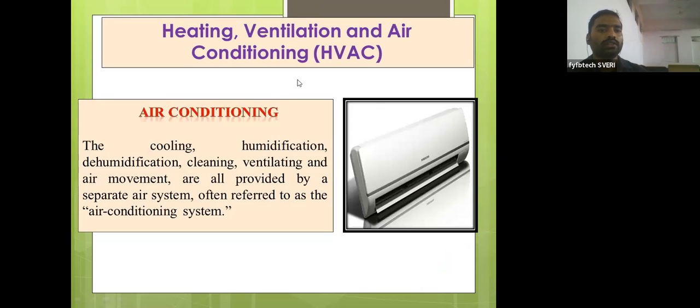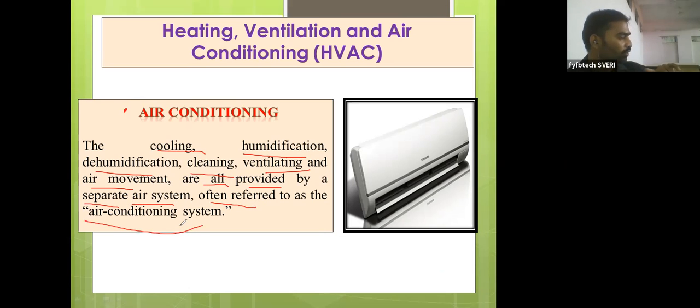Next one is air conditioning. This is known to all of you. What is air conditioning? AC, correct? Air conditioning is cooling, humidification and dehumidification, cleaning, ventilating and air movement, all provided by a separate air system, often referred to as an air conditioning system.